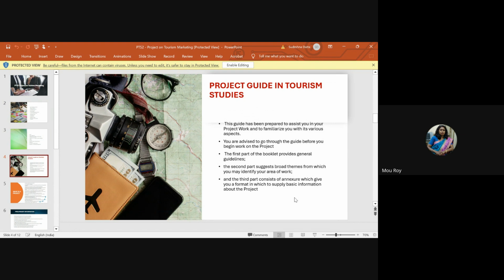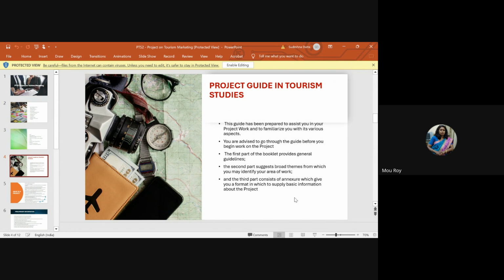The second part suggests broad themes from which you may identify your area of work. There are a lot of topics, and you can select any topic related to your destination. Since this is about tourism marketing, you can also market your food.